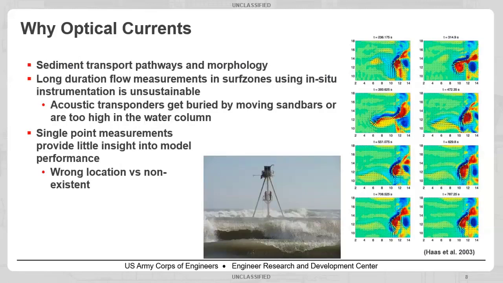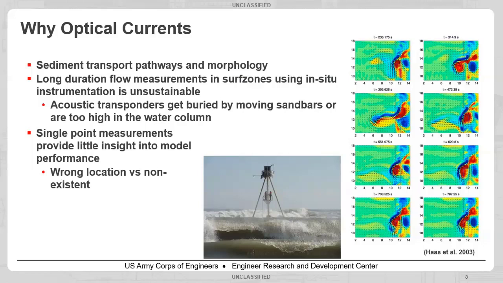So why go optical currents? As I hinted on previously, it's really difficult for in situ instruments to be maintained for long periods of time. We're going to lose them, they're hard to deploy, and they're also expensive. When we're taking these results to hand them off to be modeled better, we can't just have one instrument out there. So if one survives, it's kind of hard to model off of.